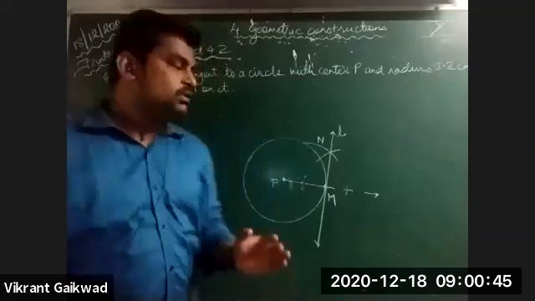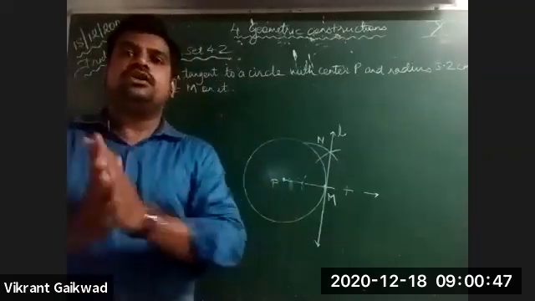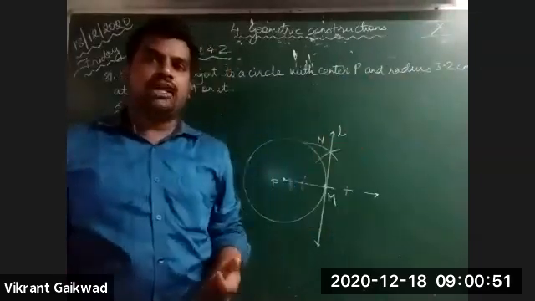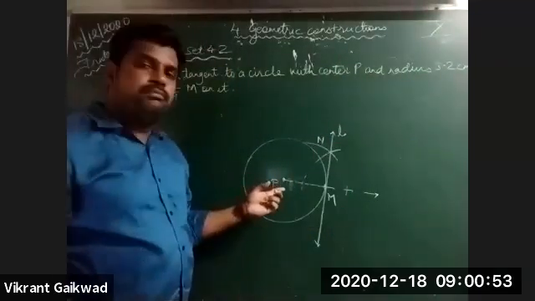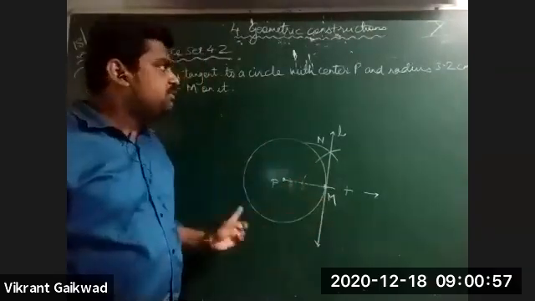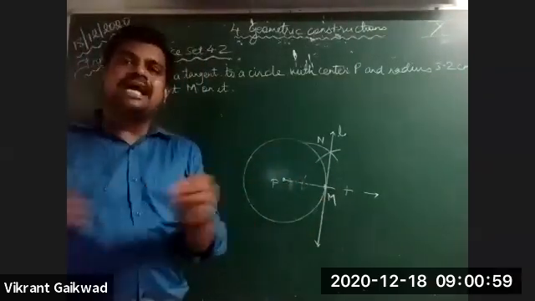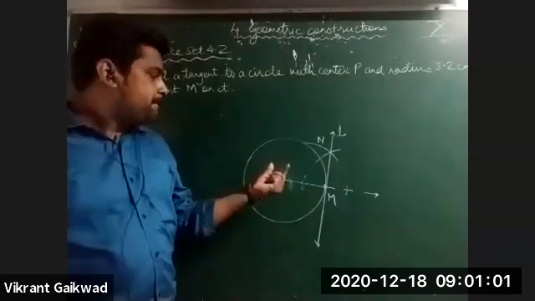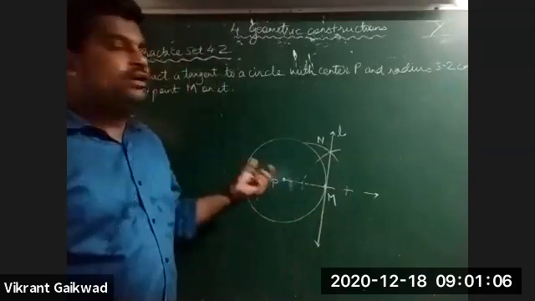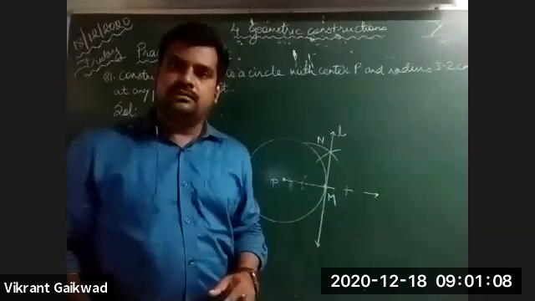Understood? If you want to write the steps of construction, you don't have to learn anything by heart. From the beginning, I've taken center P. From center P, I've drawn a circle of radius 3.2. So just write it in your own words: with center P, draw a circle of radius 3.2 centimeters.